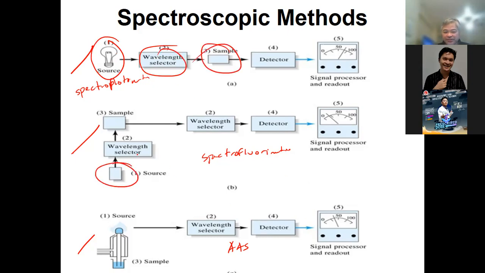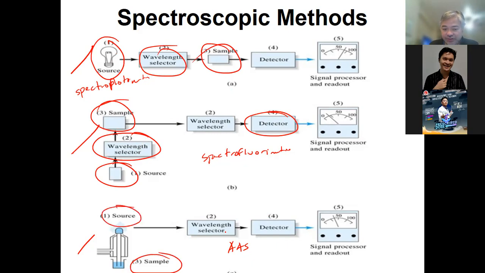Spectropolarimeter, you have the light source here, you also have the wavelength selector, you also have the sample, but the detector that you have here is not in a straight path length as the source compared to the spectrophotometer. Here in the AAS, you have the sample, you have the source, and then you have the wavelength selector. And you may ask why. So by the end of the semester, you should be able to answer that question. Okay? AAS is atomic absorption spectroscopy.